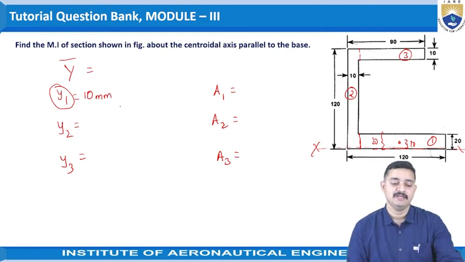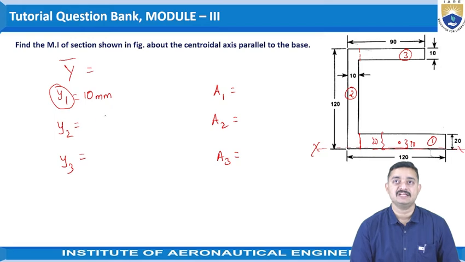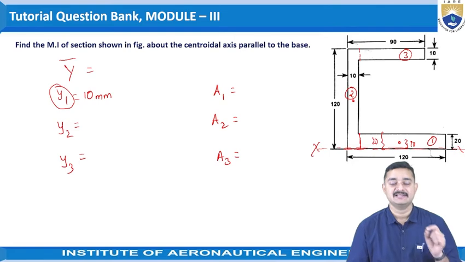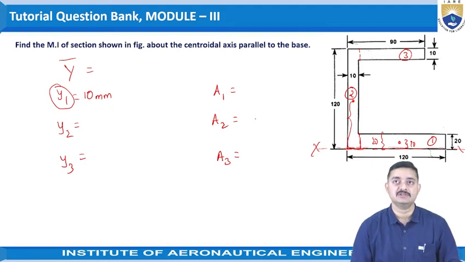Then coming to y2. y2 is the distance of the centroid of this part 2 from the x-axis. As this x-axis is passing through the base of this part 2, again half the distance of the total height can be taken. So that would be 60 mm.